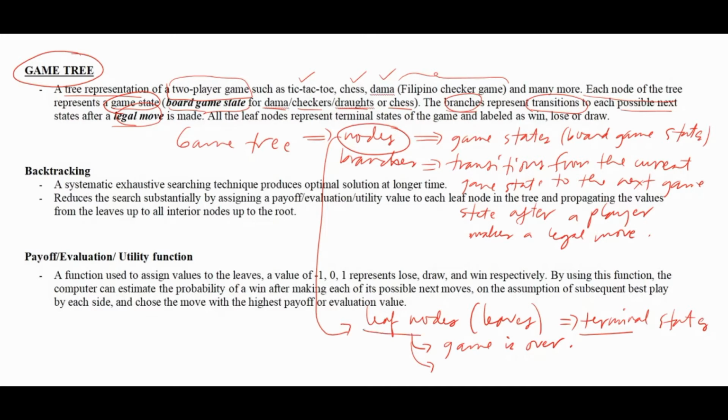So each leaf node is labeled win, lose, or draw, which are, of course, the three possible outcomes of a two-player game.